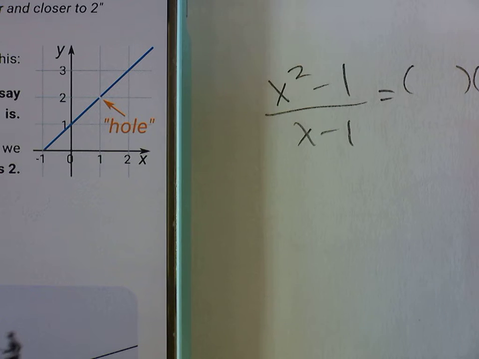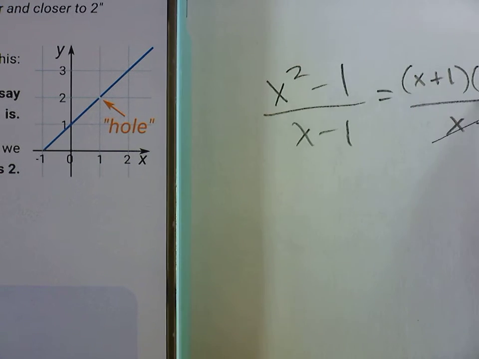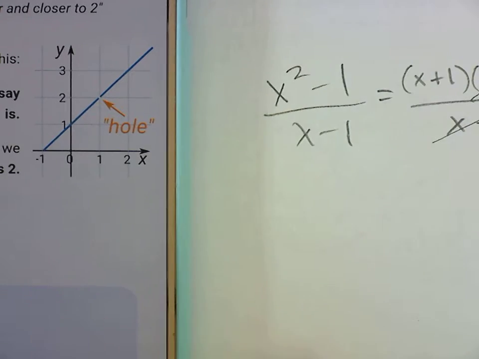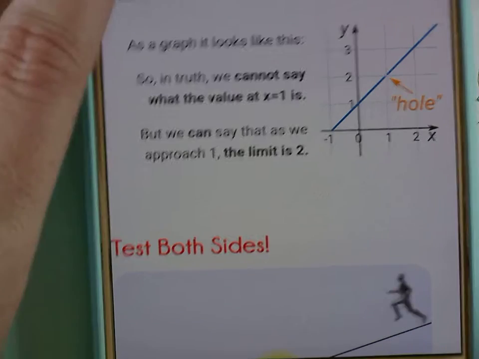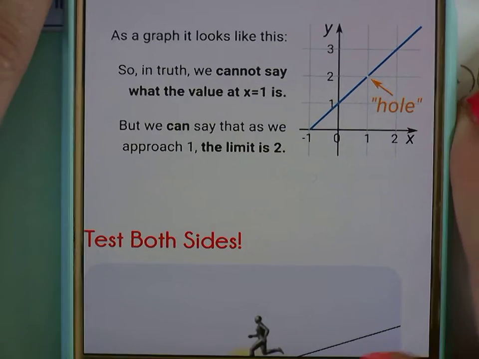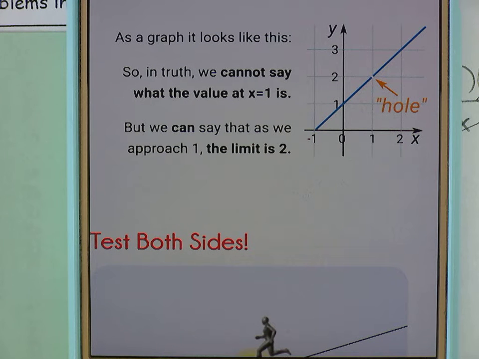What does that factor into? x plus 1, x minus 1 over x minus 1. So those would cancel out. So there would be a hole in the graph at x equals 1, which is hard to see on your calculator unless you zoom in really far, but your hole is going to be there.